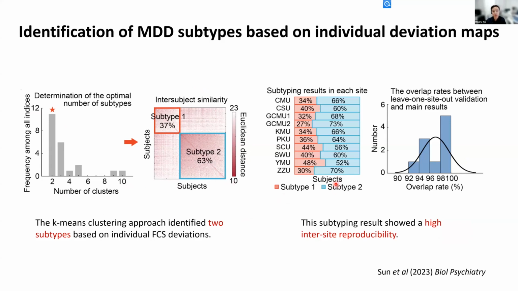Importantly, although with fluctuations, this ratio was largely reproducible in each site and showed an overlap rate above 90% in leave-one-site-out validation, suggesting this subtyping generally exists in different sites, but is not driven by biased sampling among the centers.